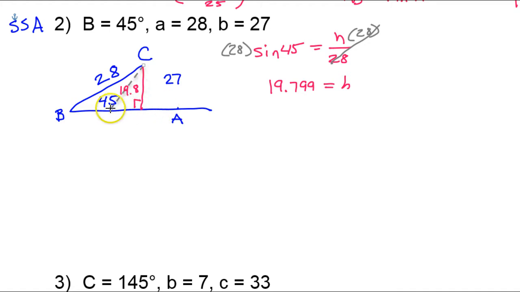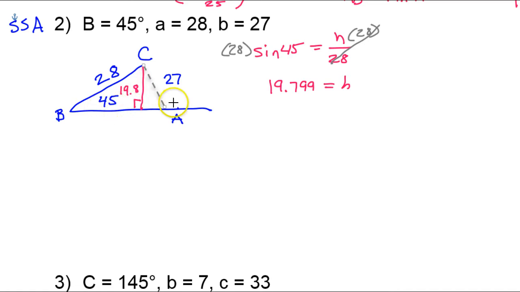Now, if it can fit on the inside as well as the outside, then we'll have two triangles. So obviously it fits on the outside. Will it fit on the inside? Well, yes it will, because this is 27, whereas this over here is 28. Because the side BC over here, also known as side A, is longer than 27, that means that 27 will fit.